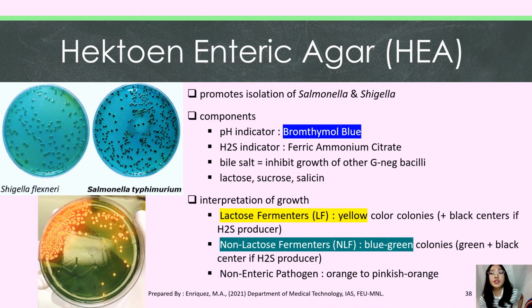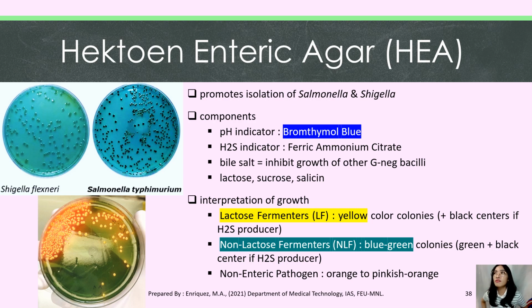Next is the Hektoen enteric agar, composed of bile salts and bromthymol blue dye. These two are supposed to inhibit the growth of other gram-negative bacilli for better isolation of Salmonella and Shigella. Lactose fermenting enterobacteria would have yellow colonies, while non-lactose fermenters would have blue-green colonies.